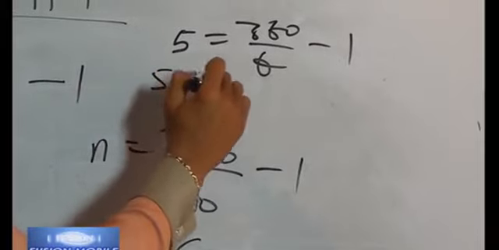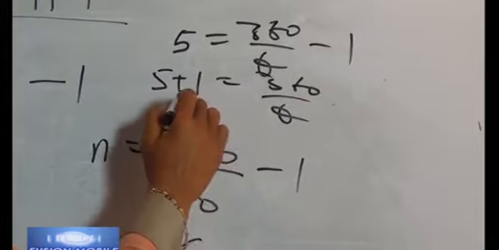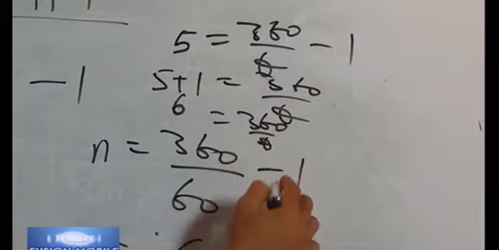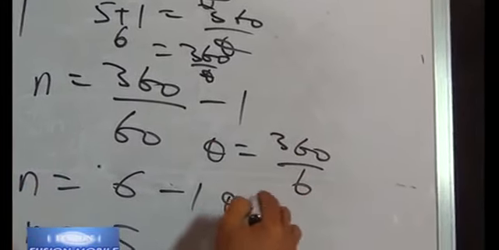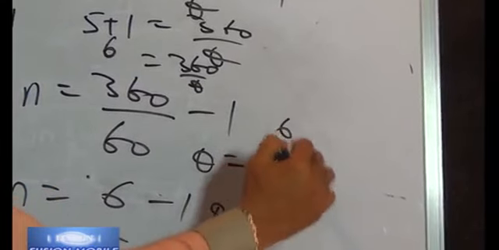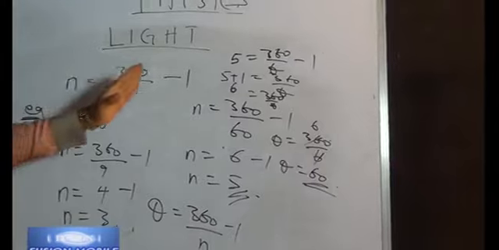We have 5 plus 1 equal to 360 over theta. That is 6 equal to 360 over theta. Making theta the subject of the formula, we'll have theta equal to 360 over 6. Theta is equal to, 36 here, we have 6. That means theta is equal to 60 degrees.